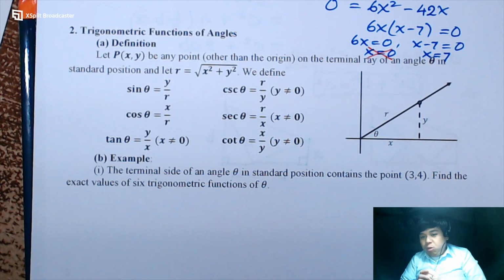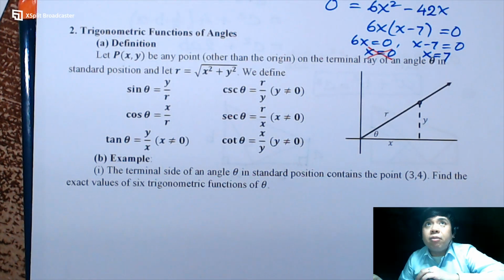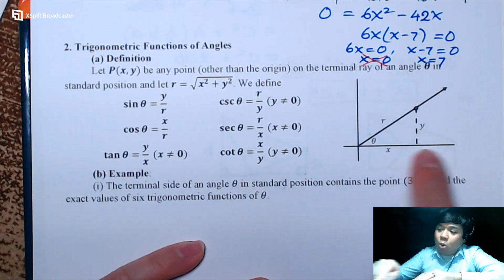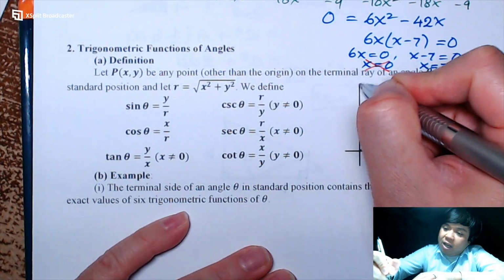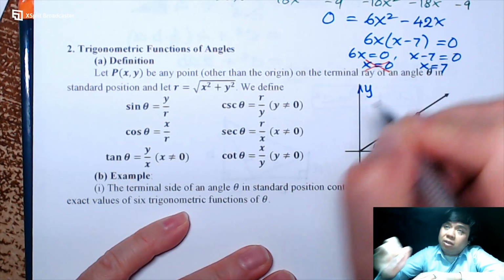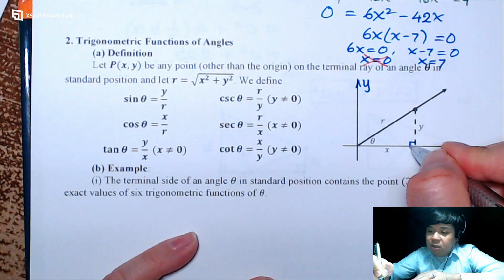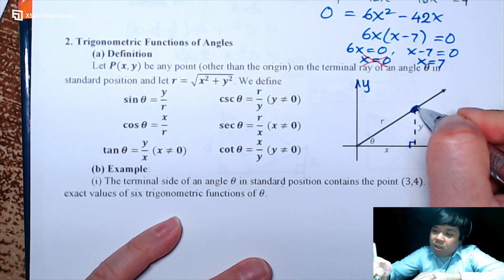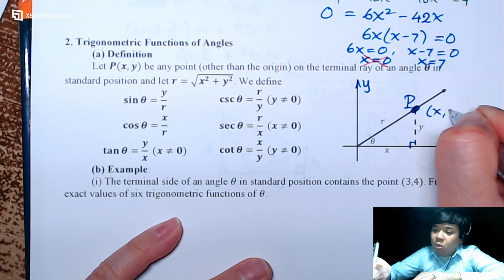Now this is the first time we define a trigonometric function. So if we have the coordinate system of the x-axis and the y-axis, and we form a right triangle, and a point P has the coordinates x and y.